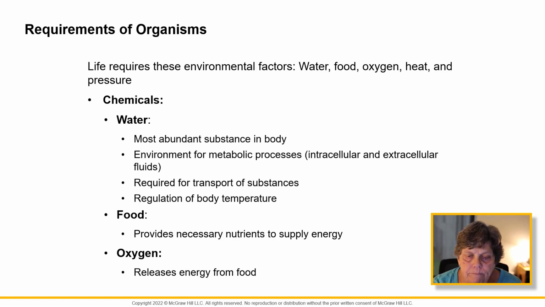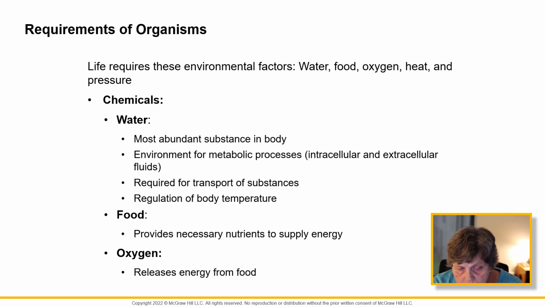We have to have it for metabolic processes. We have to have it to move things in our body. Our blood is mainly water. We use water to regulate our body temperature. We sweat, and when we sweat, we release heat. So water is extremely important. Without it, we dehydrate. We don't survive.